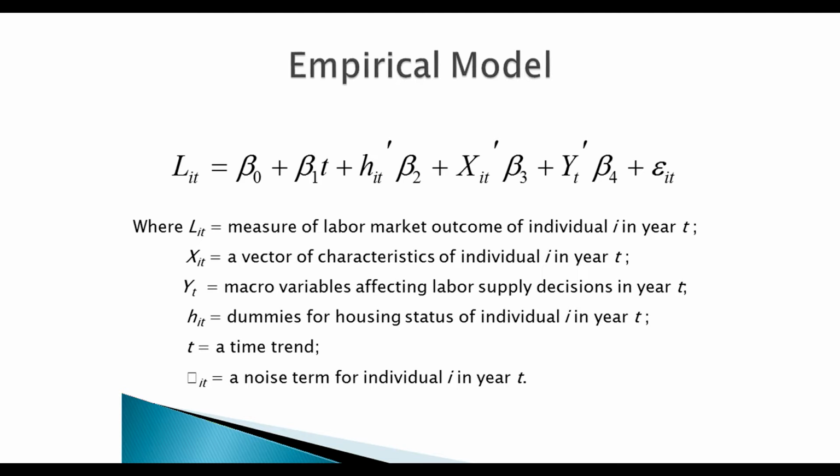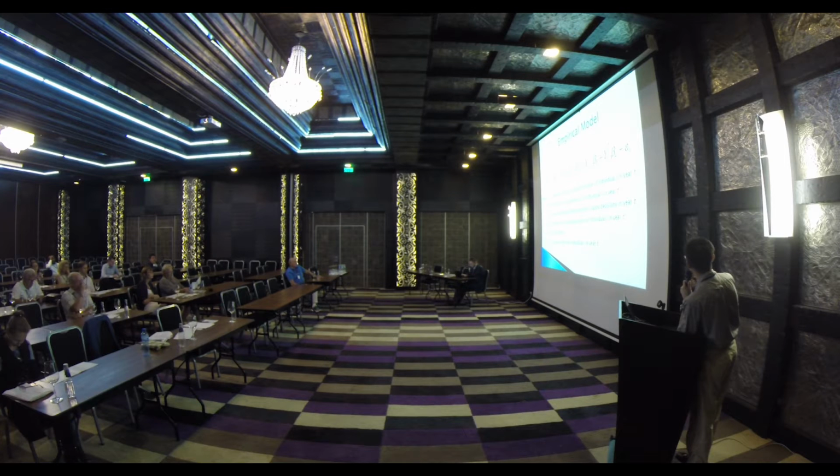And on the right-hand side, we have a time trend, X is a vector of personal characteristics, Y would be macroeconomic variables, and H here is the housing status of the person in question, and we have a random term. And the following gives you some details as to what each variable would be.